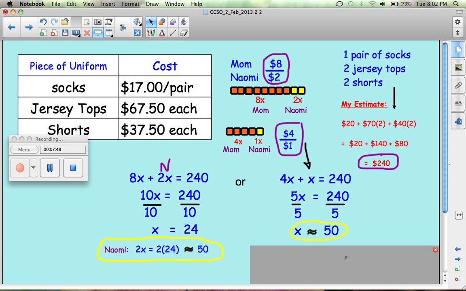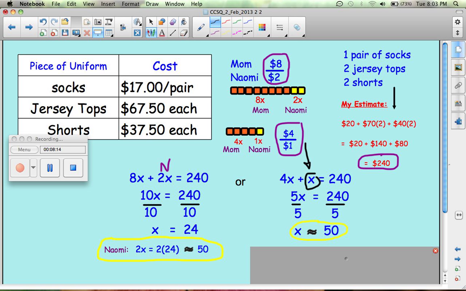And again, we get x is about 50. I'm thinking in my head, if this was 250, 250 divided by 5 is 50, so it's about 50. Notice when I use the reduced rate, I don't need to substitute anything back in because Naomi's piece that she's going to pay is represented by x. It's already reduced.